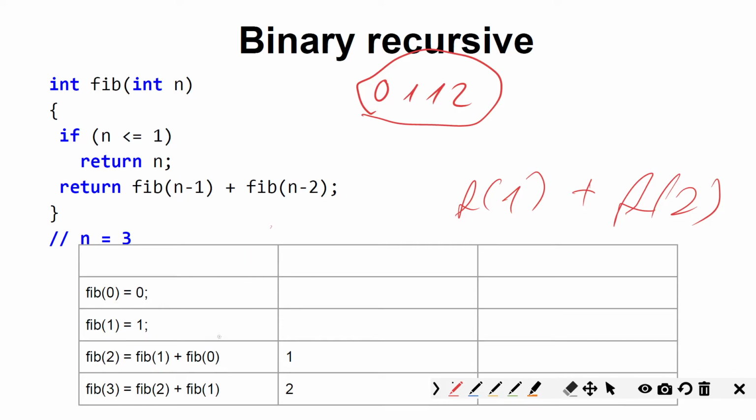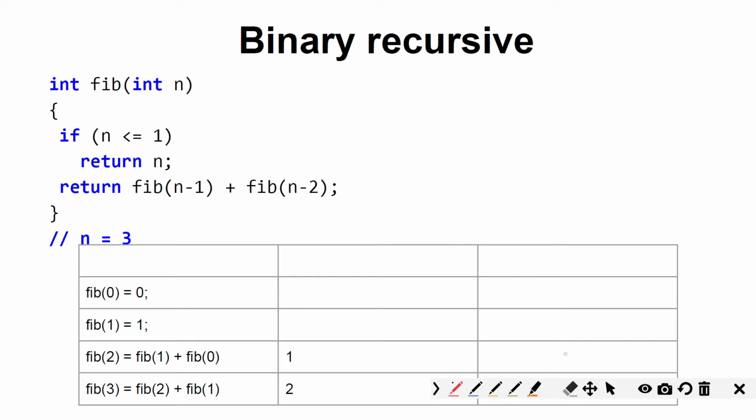Like if we have fib3, if we have n equals 3, we just look into the table, it's better to see. First, if n equals 3, we call fib2 and fib1.